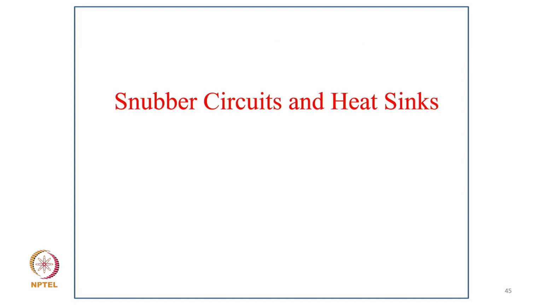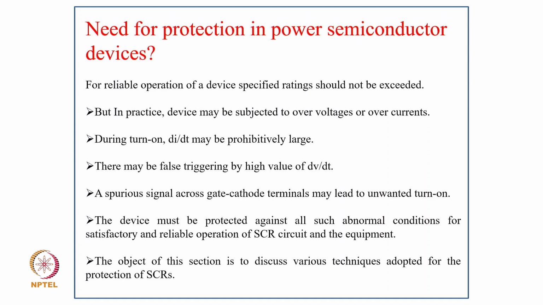Now, these are the gate drive circuits, and now coming to the snubber circuit and heatsink. The snubber circuits are used for protection. Of course, the heatsink is to limit the thermal design. So why is protection needed in power semiconductor devices? For reliable operation, the specified ratings of the device should not be exceeded. But in practice, the device may be subjected to overvoltage or overcurrent, and during turn off di by dt may be prohibitively large.